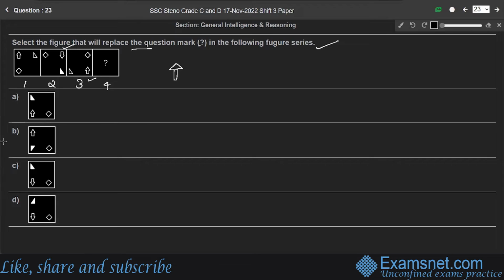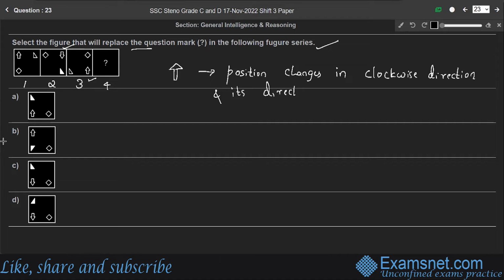Look at its position. It is changing in clockwise direction. Therefore, the position of the arrow mark is changing in clockwise direction, and its direction also changes through 180 degrees. In the first figure it is upright, in the second figure the arrow mark is inverted, and again it is upright.